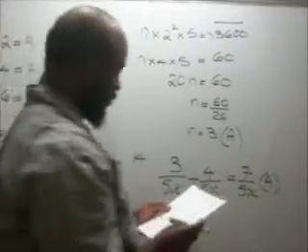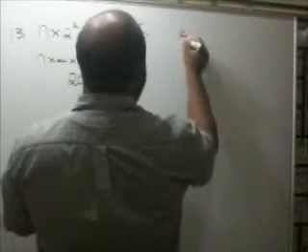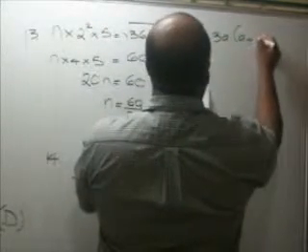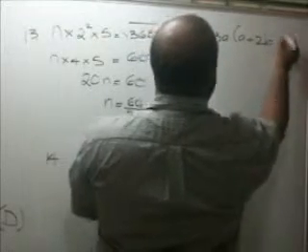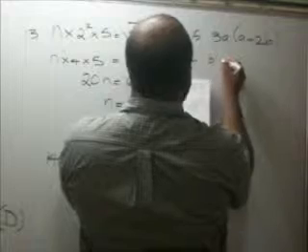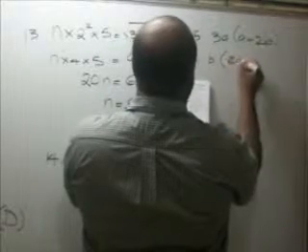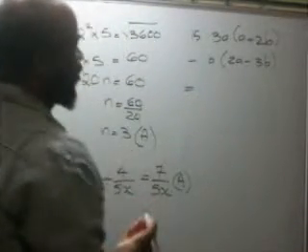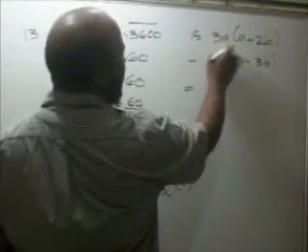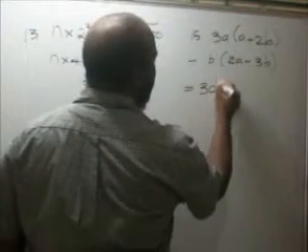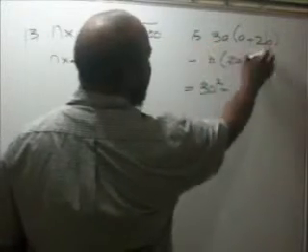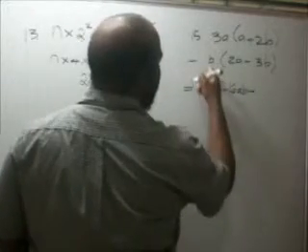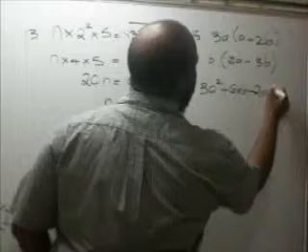Question number 15. We have 3A times A plus 2B minus B times 2A minus 3B. We're just going to apply the distributive law and simplify. We have 3A times A, which is 3A squared, plus 3A times 2B, which is 6AB, minus B times 2A, which is 2AB.